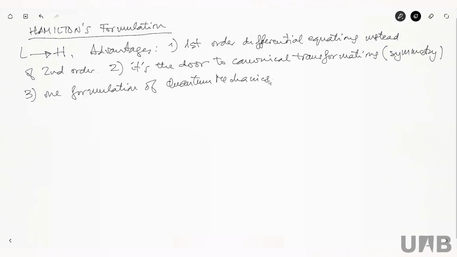And actually, it is not just one formulation, it is the formulation that you guys are most familiar with, right? In quantum mechanics, we talk about the Hamiltonian. It is the Hamiltonian which becomes an operator. It is the Hamiltonian that you guys always want to diagonalize and not the Lagrangian. Now you know that there is another formulation of quantum mechanics, which is the path integral formulation of Feynman's, in which the Lagrangian plays the main role.